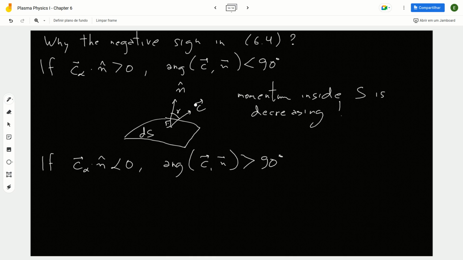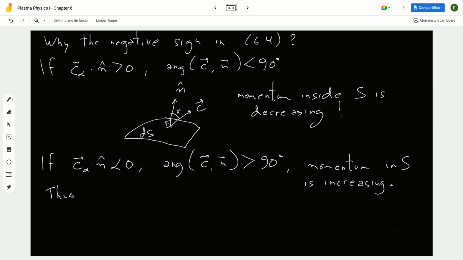So if it's larger than 90 degrees, then it has to be pointing downward in relation to this surface, right? In this case, momentum is being transported from out to inward, right? Because the arrow is pointing in this way. Momentum in S is increasing. Okay, so that's why we have chosen to use the negative sign.